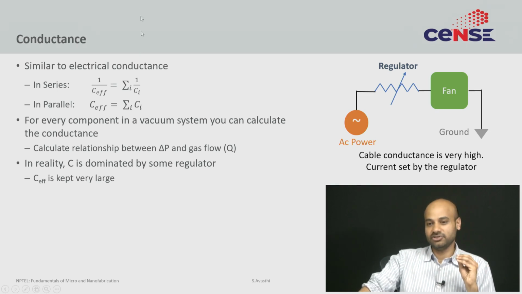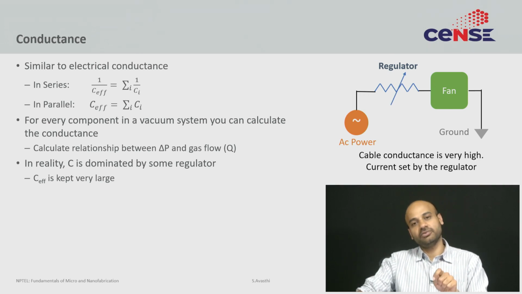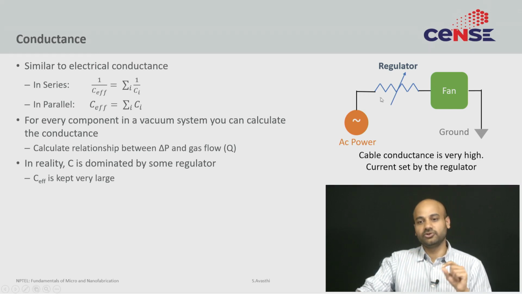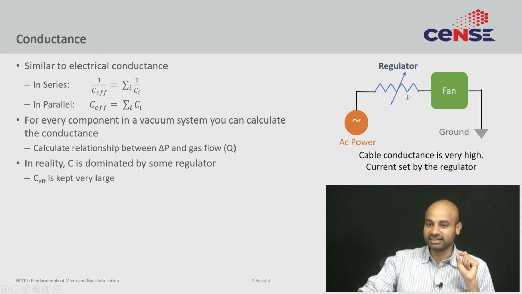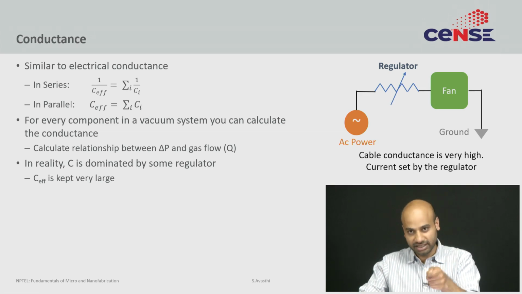Much simpler is to connect the fan through a regulator, and this regulator has some knobs, and depending upon the setting of this knob, you actually control the current. So, you do not give a precise value of conductance of this wire, you just put a wire with a very large conductance and in series add a regulator which can tune the conductance.